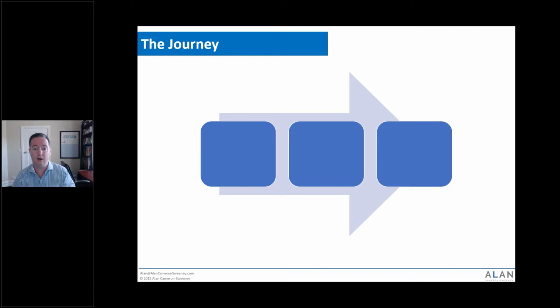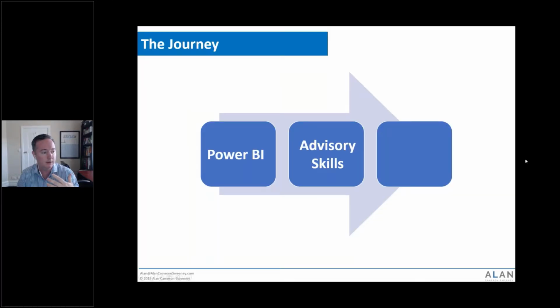So the journey from being accountants to delivering advisory services. And first, of course, you need to be across Power BI and understand what it's capable of in order to offer those services to your clients, and to know what problems you can solve when you're speaking to them.